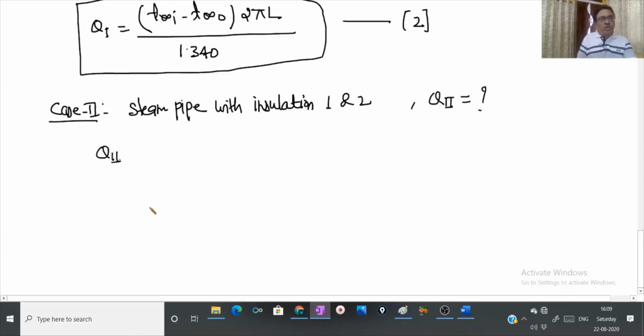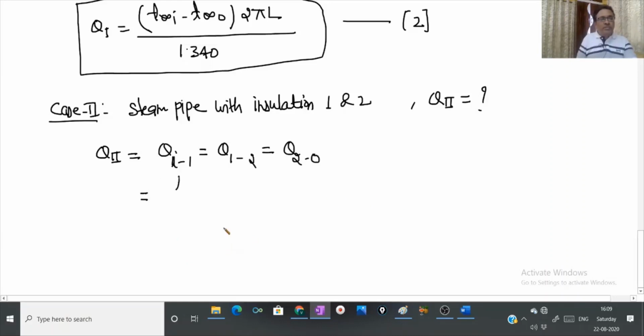Under one dimensional steady state condition, the rate of heat loss from the composite pipe in case 2 will be equal to the rate of heat loss from steam to insulation 1, equal to the rate from insulation 1 outer surface to insulation 2 surface, and finally from insulation 2 surface to outside.